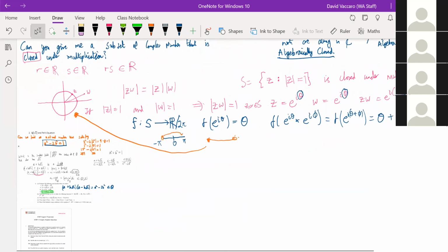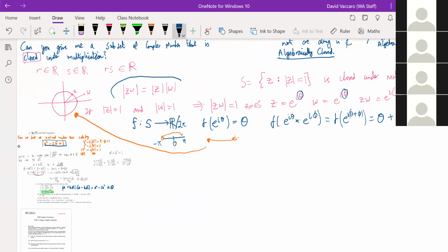Can anyone get an insight, a connection between this and the complex numbers? When we had complex numbers, we decided that a family of complex numbers that was closed under multiplication was the set of complex numbers with modulus 1.